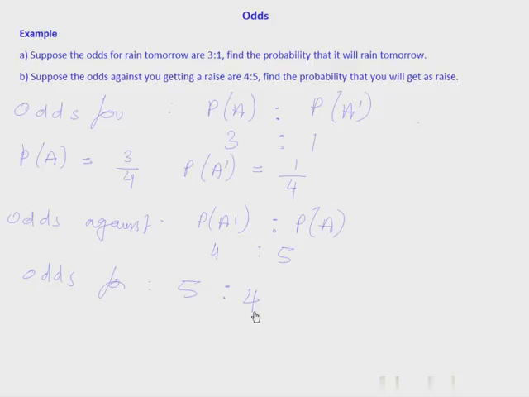If my odds for are 5:4, I write them as fractions as 5/9 and 4/9, because those fractions add to 1. And now I have my probability for getting a raise. It's 5/9. So I just have to convert a ratio to a fraction or a fraction to a ratio to convert from probability to odds. And keep in mind the subtle difference between odds for and odds against, which is just talking about an event or its complement.